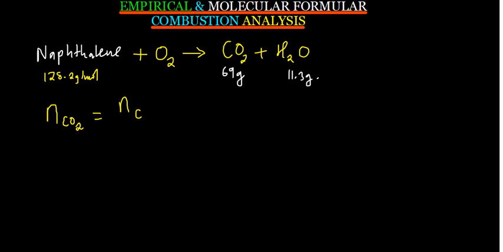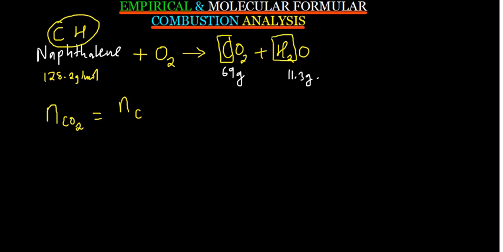Okay. So what I'm saying is that the mass on the reactant side for any element should be equal to the mass on the product side. So the only point where we have got a carbon is here and a hydrogen is here. So if only naphthalene contains carbon and hydrogen, meaning that the carbon which was on the reactant is this carbon that you can see on the product.